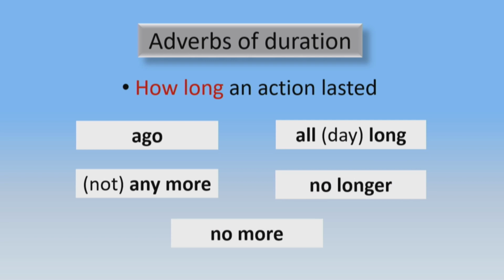You will note that some of the adverbs are single words, example, ago, and some are phrases, example, no longer. Let us read some sentences which have these adverbs of duration.